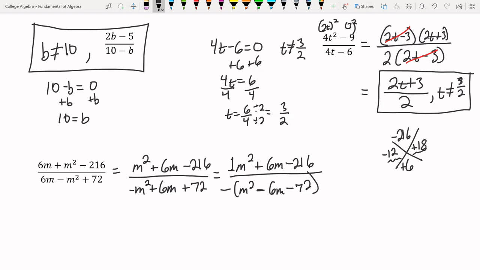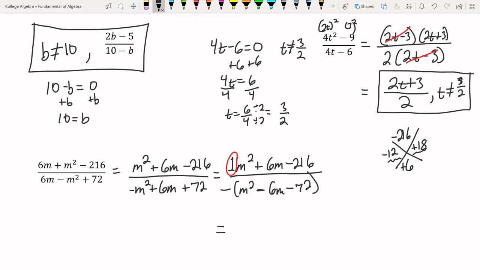Just checking my work there. Yep, negative 12 times positive 18 is negative 216, and when we add them together, we get positive 6. The nice thing about the AC method is that whenever a is 1, like it is here, we can immediately factor this thing.